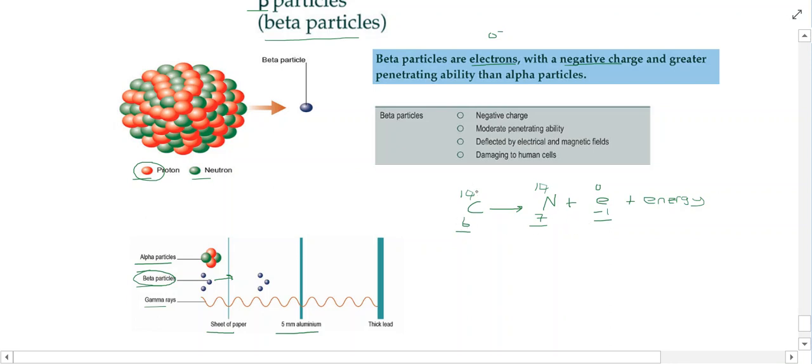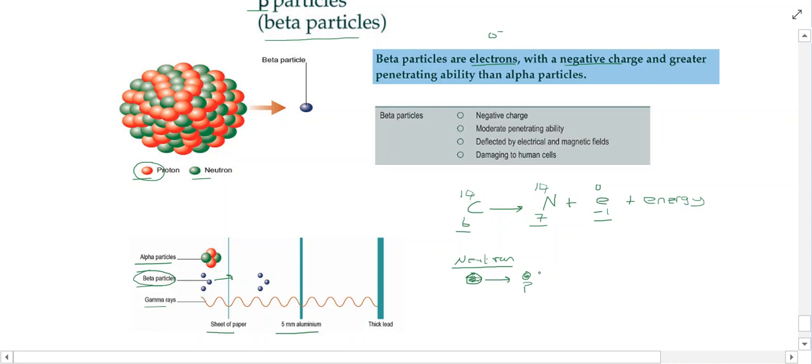Essentially, imagine this is a neutron inside the nucleus of the carbon 14. What happens is it breaks down and changes into a proton.